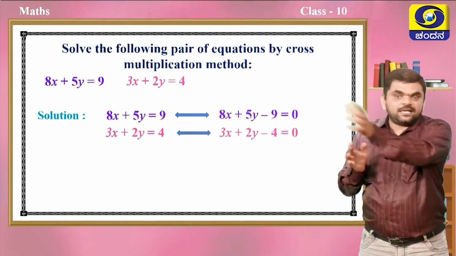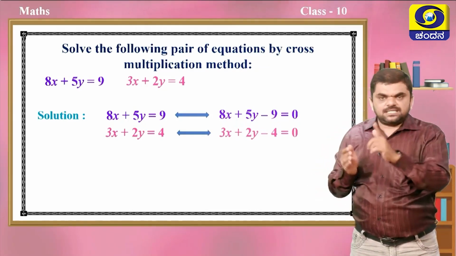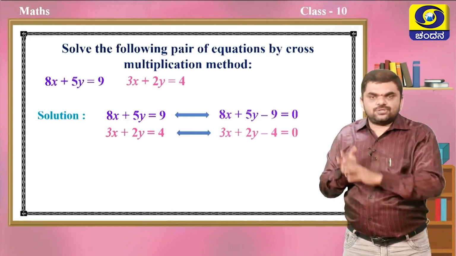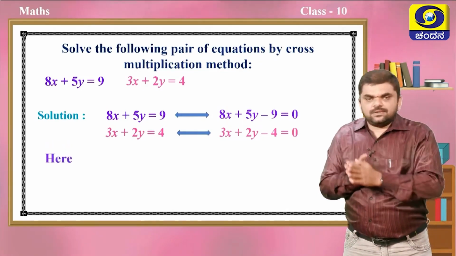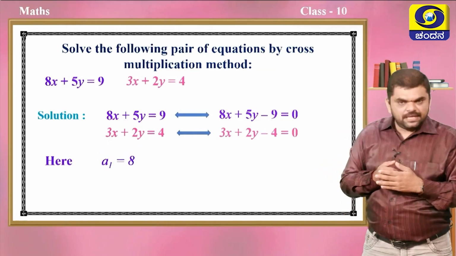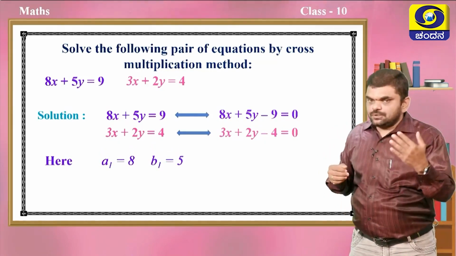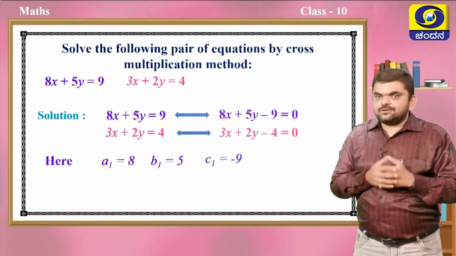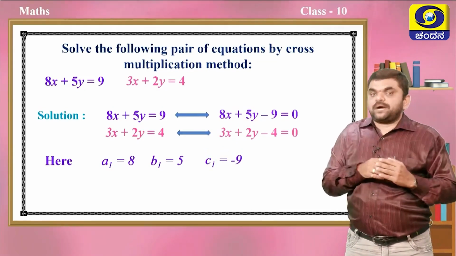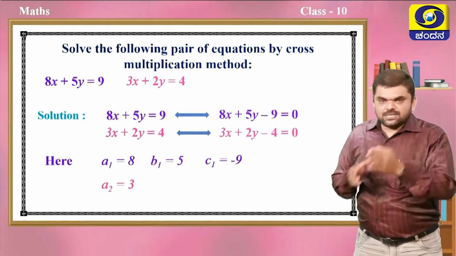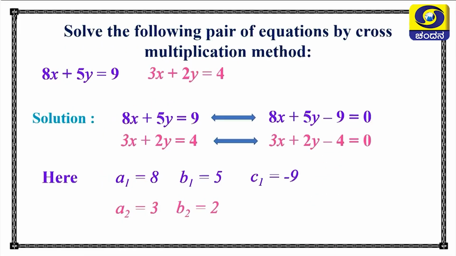Just write in that form: 8x plus 5y minus 9 is equal to 0, and 3x plus 2y minus 4 is equal to 0. Here a1 is equal to 8, b1 is equal to 5, c1 is equal to, observe here it is not in the plus sign, it is the minus sign, so minus 9, and again a2 is equal to 3, b2 is equal to 2, and c2 is equal to minus 4.